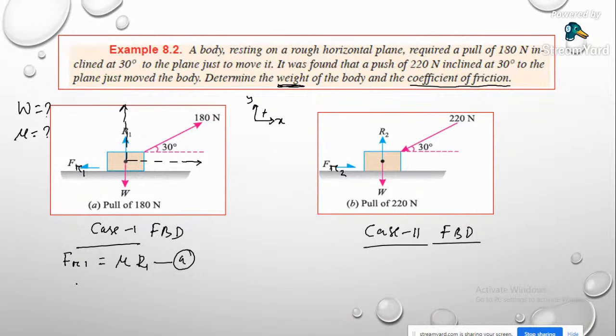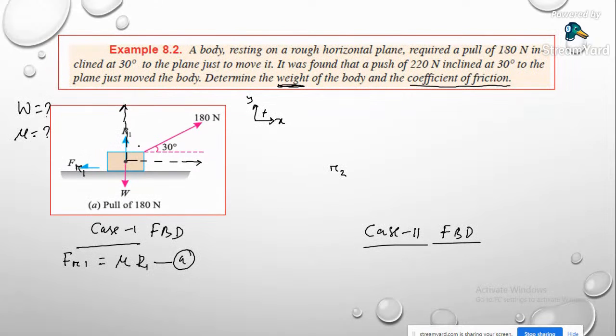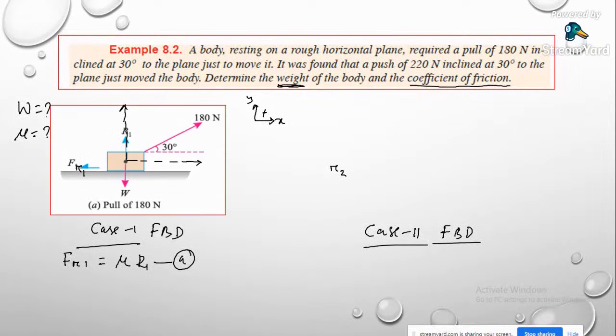So here use the equilibrium equation. First, summation of Fx will be equal to 0. So what are the forces acting in the x direction? This is my positive x, positive y. So this is 180 cos 30 degree, and this is 180 sin 30 degree.